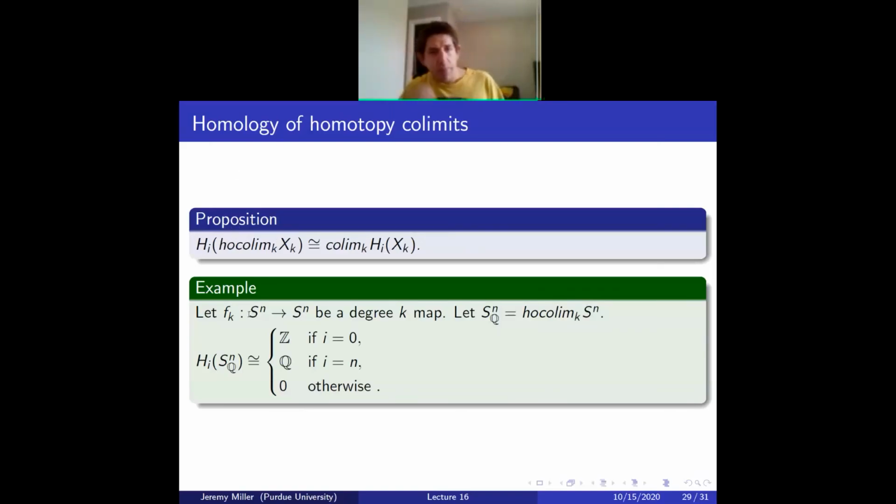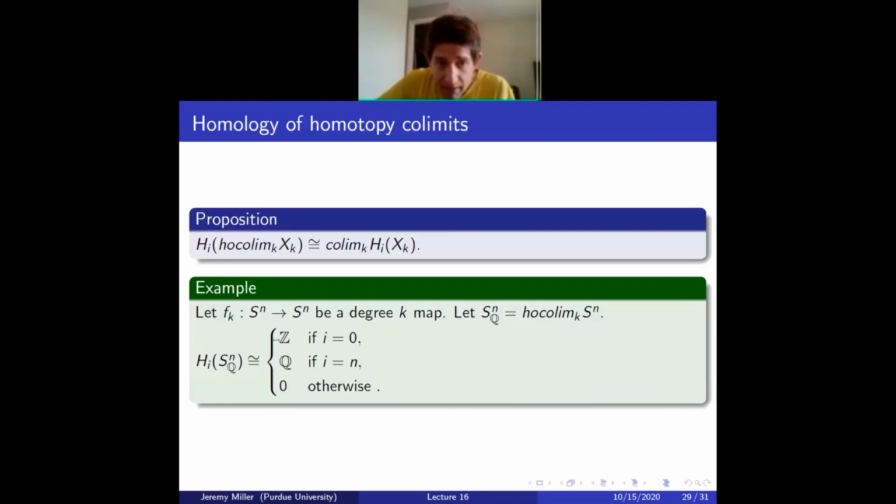Okay, so in an example, if you take all of your spaces to be spheres and you take your map to be a degree k self map of the sphere, then this homotopy colimit is a model of what's called the rational sphere. So what's its homology?